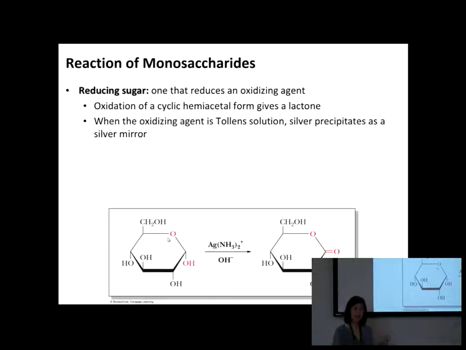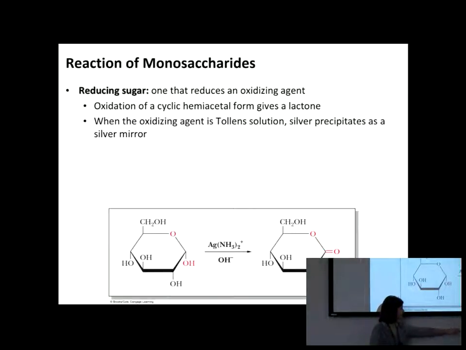It's not the first carbon, the anomeric carbon, because if it was a ketose, then the double bond would be on the second carbon, and so there would be another carbon on there. I'll point that out in a moment.